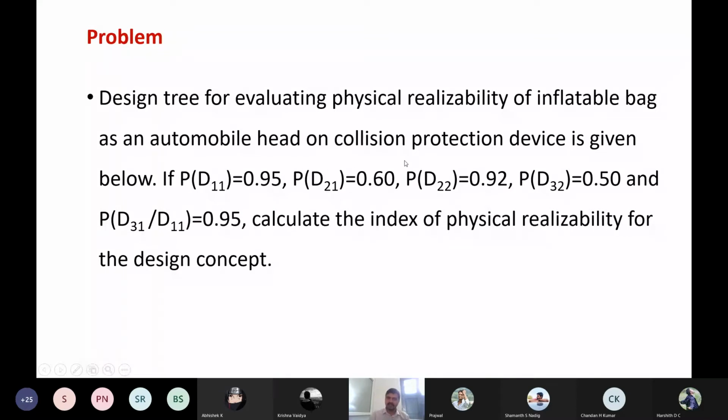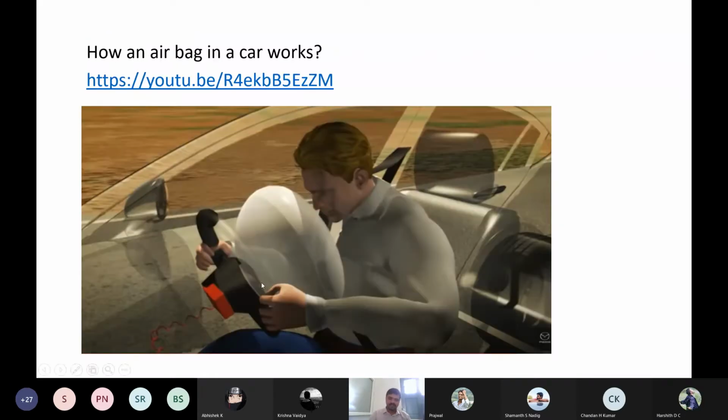That product is divided into a number of parts based on its functional requirements or based on the components used in the airbag system. To achieve each functional requirement you may have one, two, or three possible solutions. It depends. So the given product is an airbag used in a car.